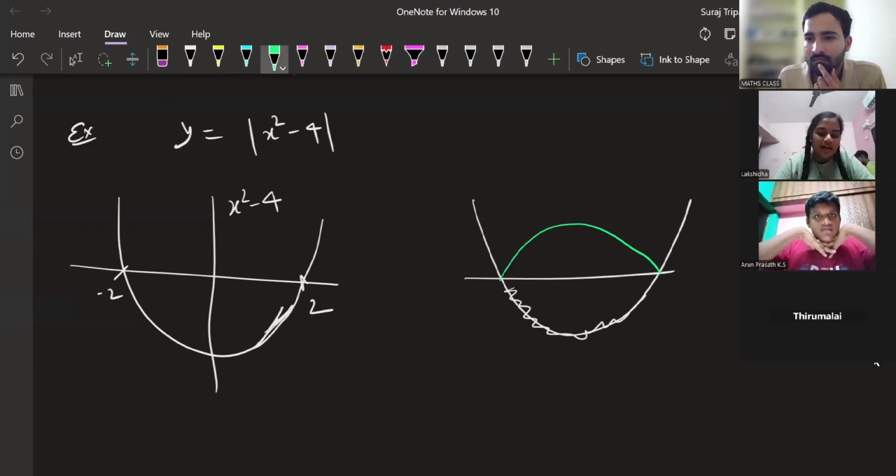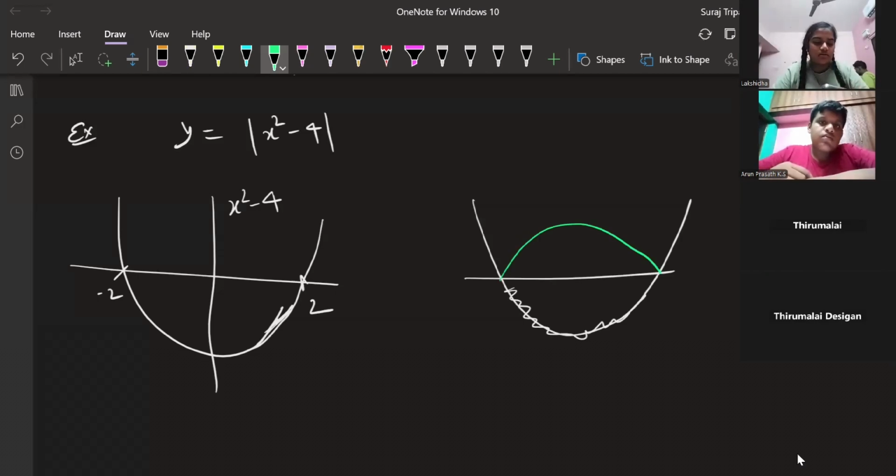Okay, so this is the graph. Now you can draw this x-axis here. Got it? Yes, sir.